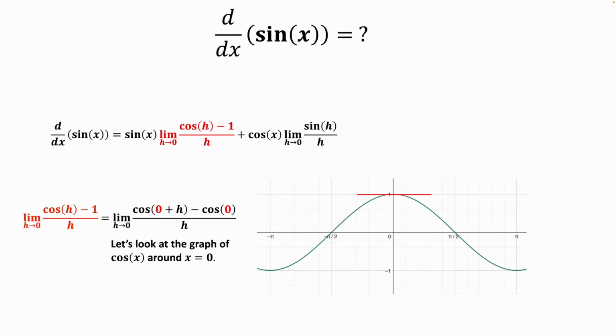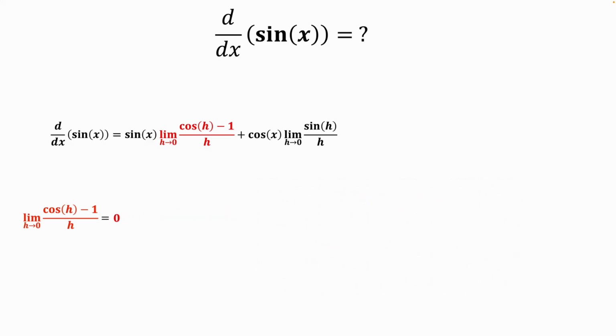That's a slope of 0. So if that's a slope of 0, well, guys, that means that entire limit equals 0. Which means we can replace our limit in our original derivative expression with 0. So 0 times anything is just 0. It completely cancels out. So, guys, the derivative of sine just now boils down beautifully to this.